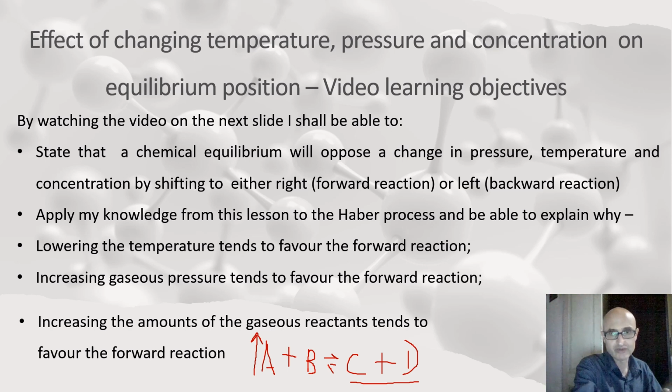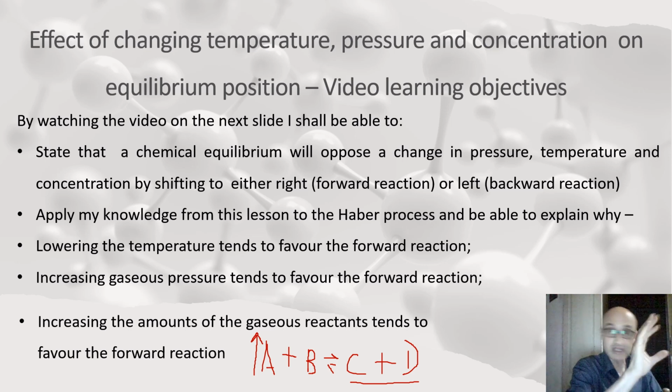the learning objectives are all that I've explained in the previous slides. You will be, first of all, stating that a chemical equilibrium will tend to oppose a change in pressure, temperature, and concentration. And how can it do this? It either shifts to the right, favoring the forward reaction, or to the left, favoring the backward reaction.